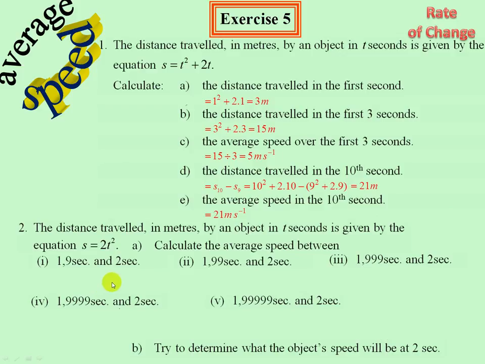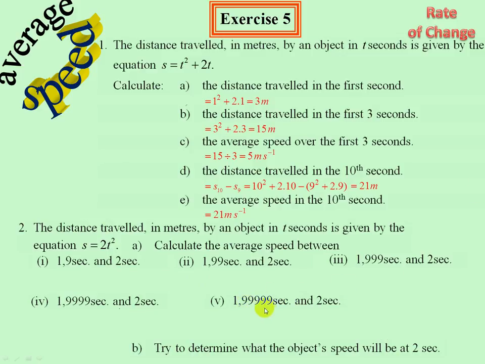In each of these cases, we're going to substitute to find the distances, and then we're going to put it over the time, which is the subtraction. Notice the pattern here, 1.9 to 2, 1.99 to 2, 1.999 to 2, 1.9999 to 2, and 1.999999 to 2.